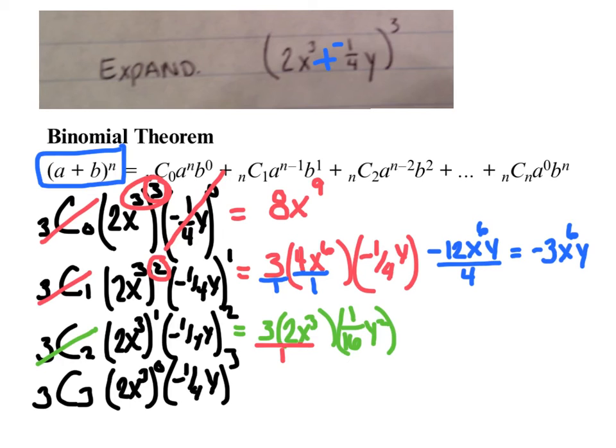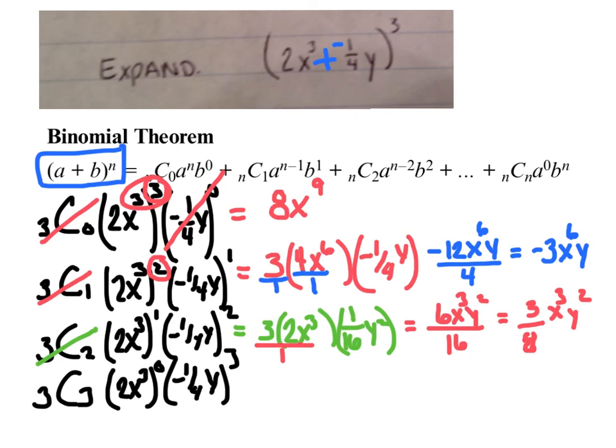Put them over 1, multiply the top, multiply the bottom. So I get 6x cubed y squared all over 16. Again, I can simplify here. They're both divisible by 2. So I'm going to say that's equal to 3/8 x cubed y squared. Then I'll go ahead and get that last term.